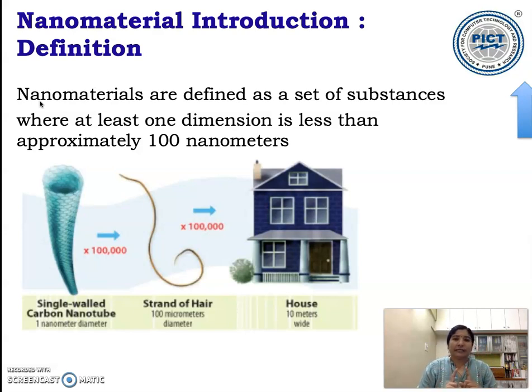So it means that nanomaterials are larger than a single atom, or we can say a small group of atoms.